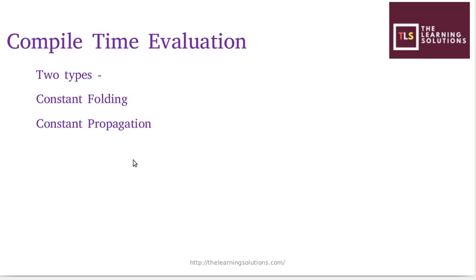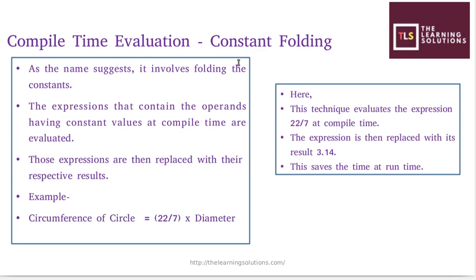Two types are there in compile time evaluation. One is called constant folding and the second is called constant propagation. In constant folding, we basically fold the constants. That means an expression whose operands have constant values is evaluated at compile time. The constants' values are computed at compile time only.